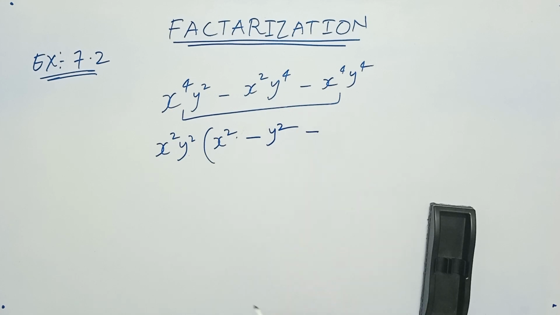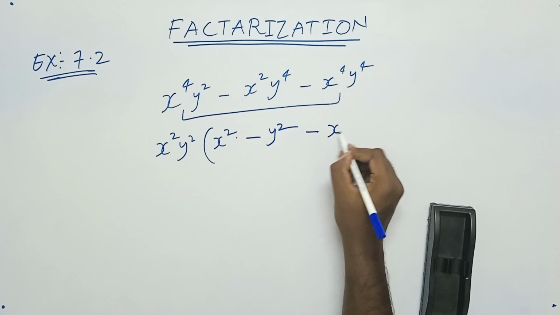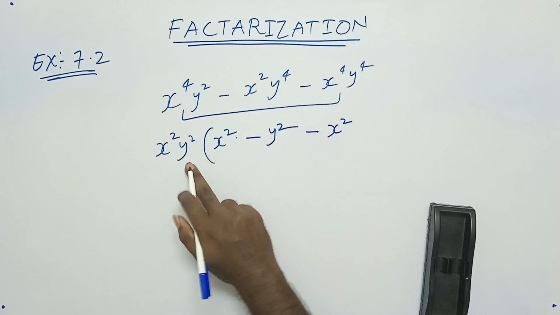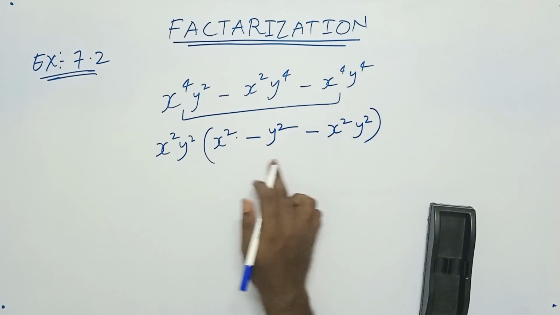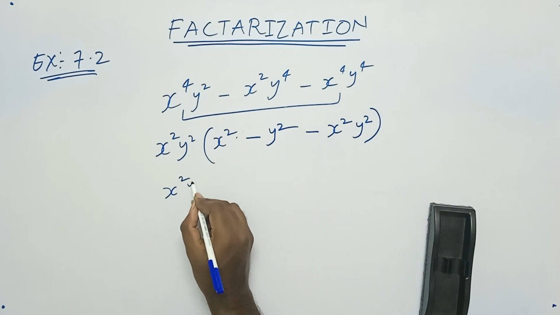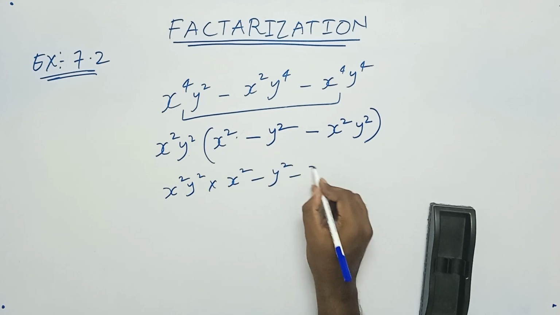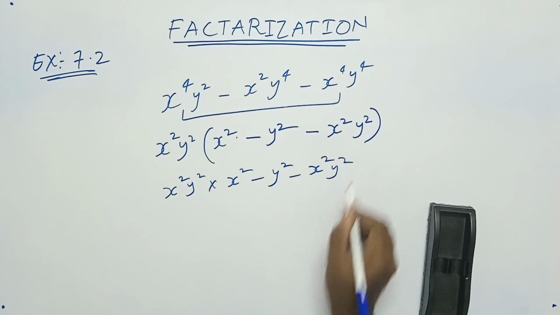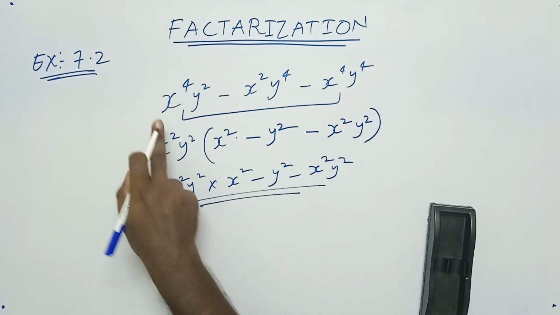So next we are moving forward, we have a minus sign, keeping the minus sign. X square times x square is x power 4, y square times y square is y power 4. Now we got the product of its factors, which is x square y square times x square minus y square minus x square y square. So these are the product of two factors of the given expression.